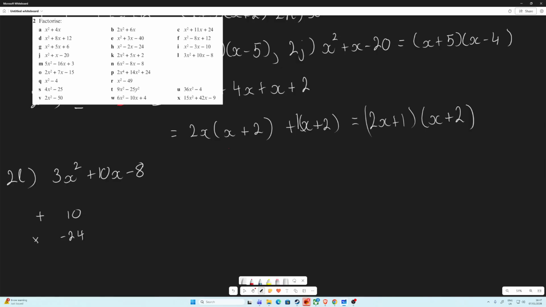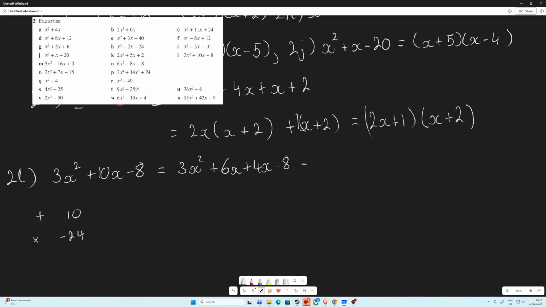No, that will not be it. It's some combination, so that is now 3x squared plus 6x plus 4x minus 8.